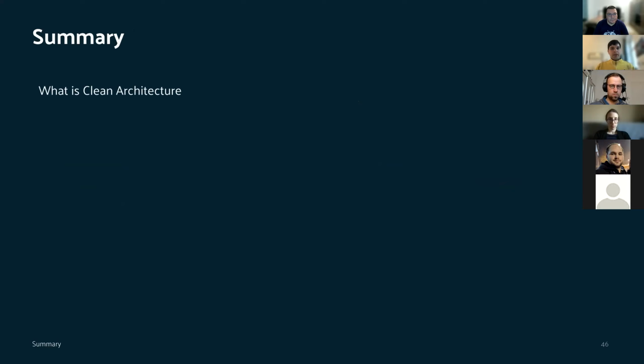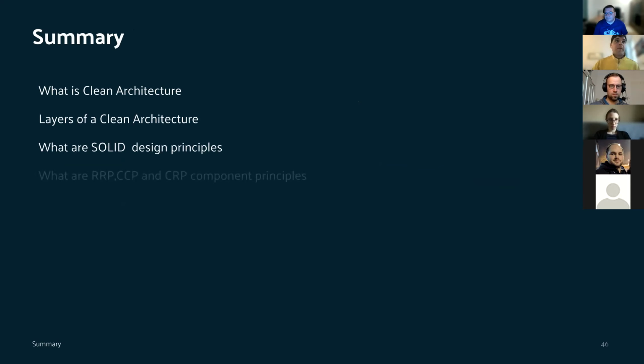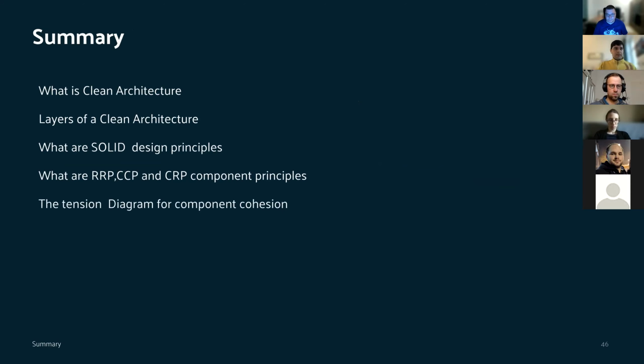So I would like to end with a summary of the main points. I talked about what clean architecture is, and the layers of clean architecture. From the beginning, it was four layers. And then I talked about the SOLID design principles and then component principles, the tension diagram between principles, and whether those are good to use together or not, which depends on the use case. And then clean architecture layers in Android. In Android, I use three layers: domain, data, and presentation layer.